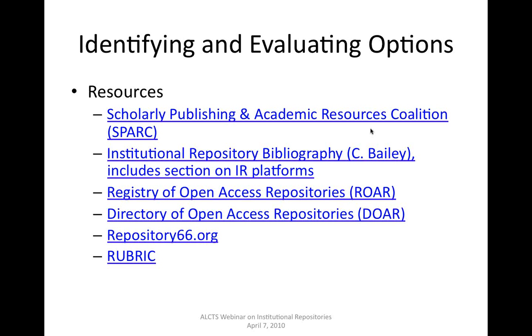Also, Charles Bailey has a nice bibliography on institutional repositories in general, but it does include a separate section on IR platforms. There are the registries where open access repositories can create records describing their implementation, so those are a useful source of information. And as I said, the Directory of Open Access Repositories is actually the basis for that visual map, the Repository 66. So more background reading there.